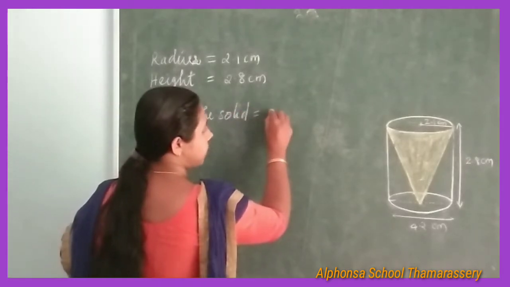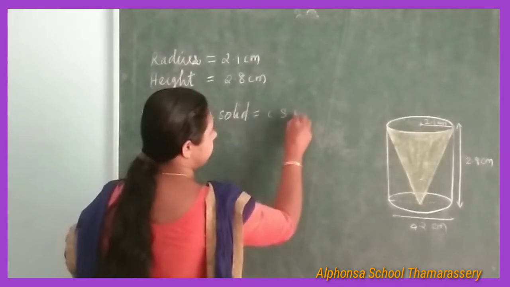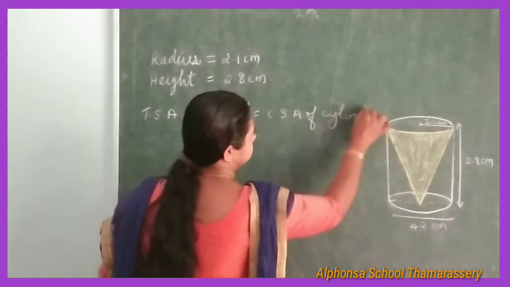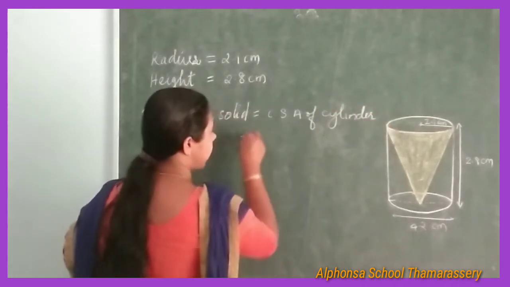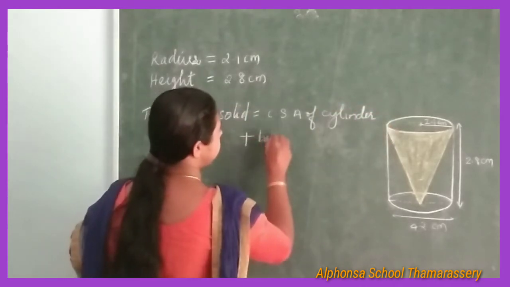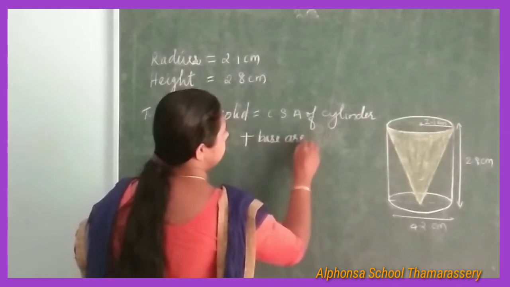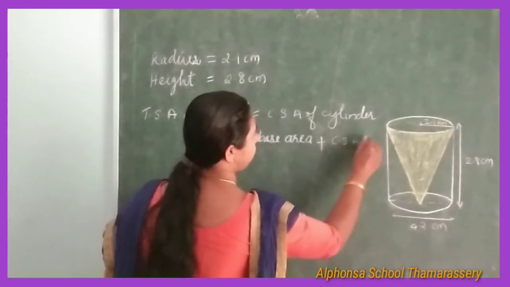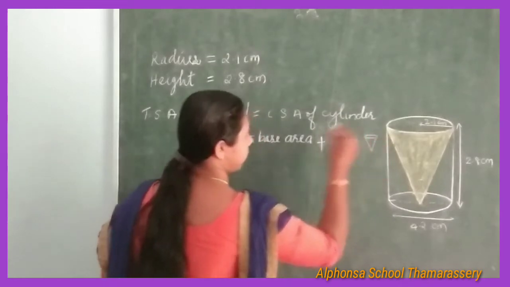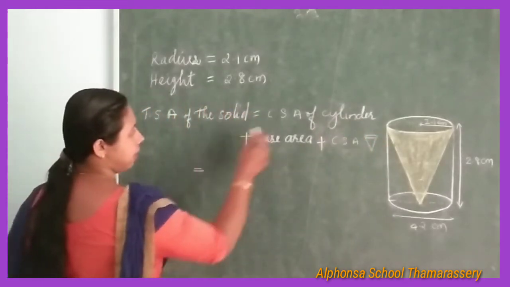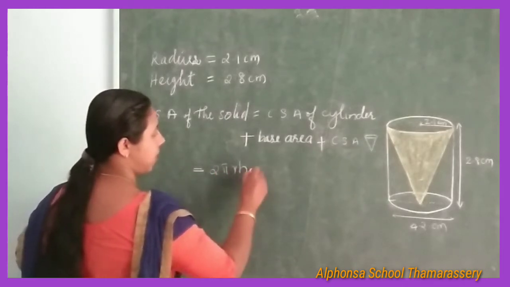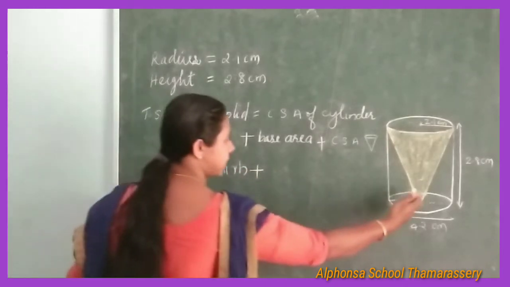curved surface area of cylinder plus base area plus curved surface area of cone. So that is equal to curved surface area of cylinder, which is 2 pi r h, plus base area of the cylinder.